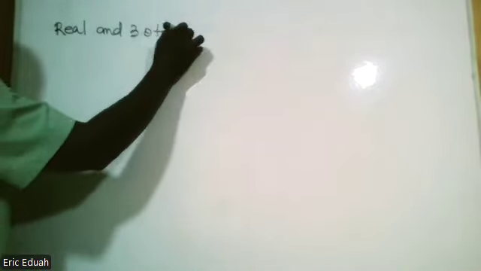So using RP, the mirror is still concave. F will be equal to plus 12 centimeters. Object is positive. It's a real object, so it will be positive.